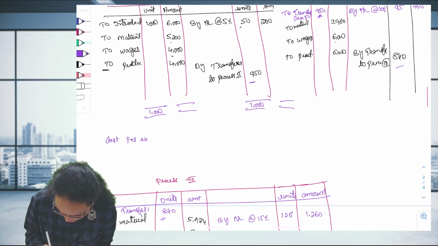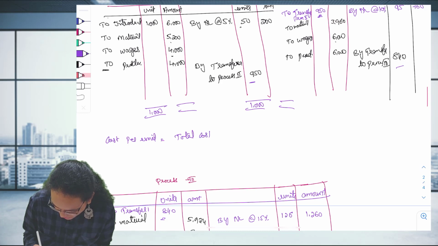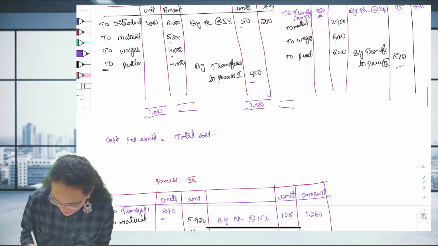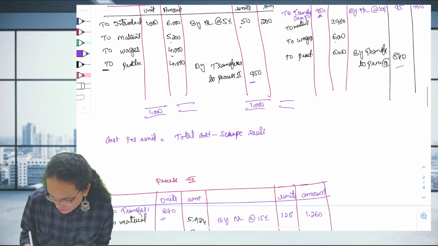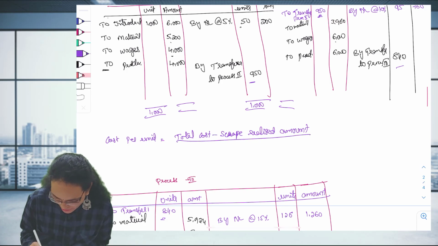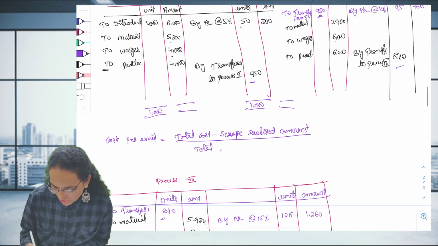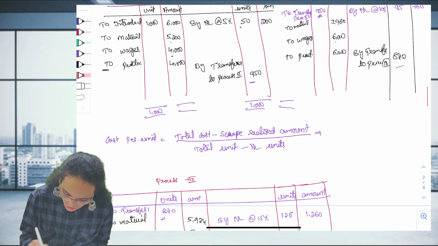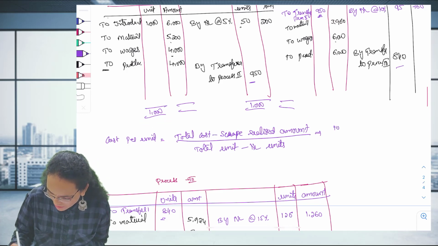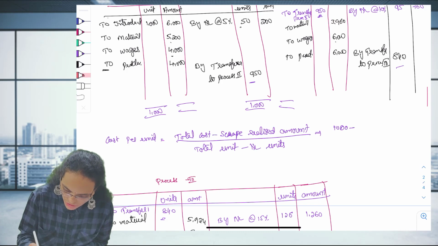Cost per unit is total cost minus normal loss, that is the scrap realized value, divided by total units minus normal loss units. Total units, how many? 1000 total units minus normal loss units 50.